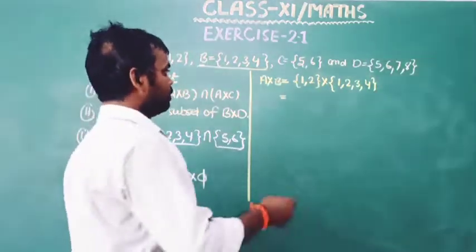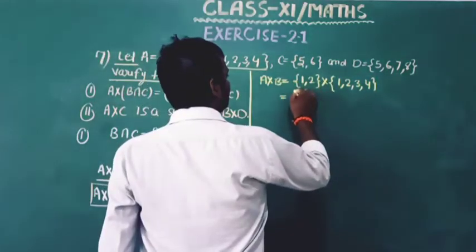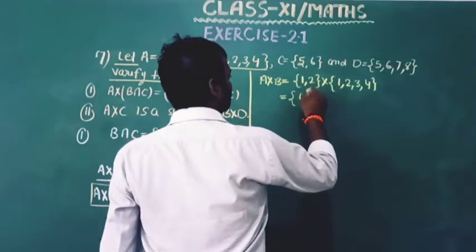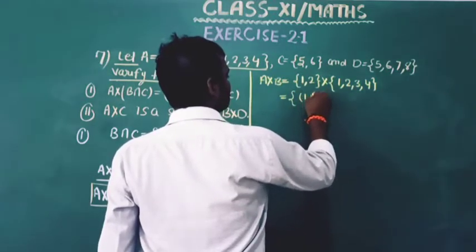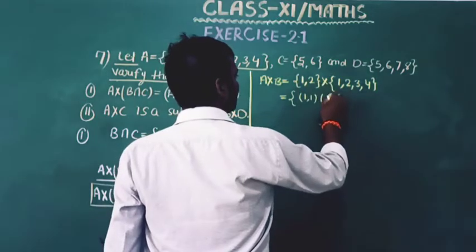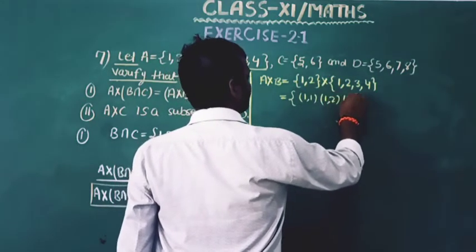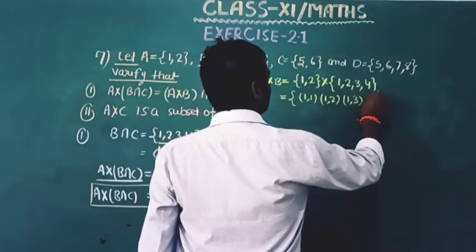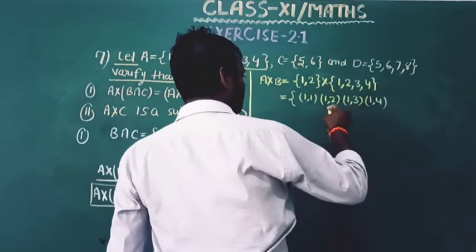Now taking ordered pairs: 1 ordered pair 1, 1 ordered pair 2, 1 ordered pair 3, 1 ordered pair 4.